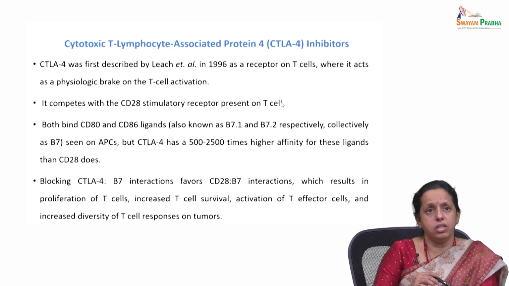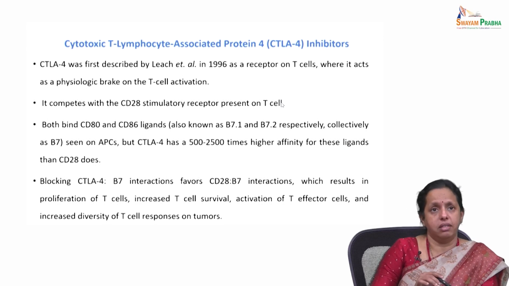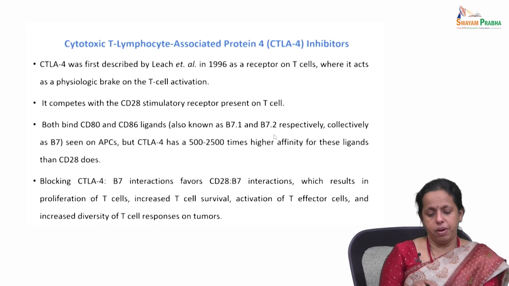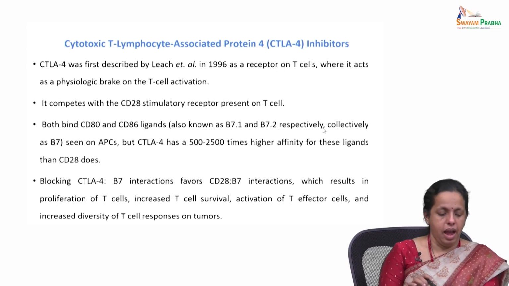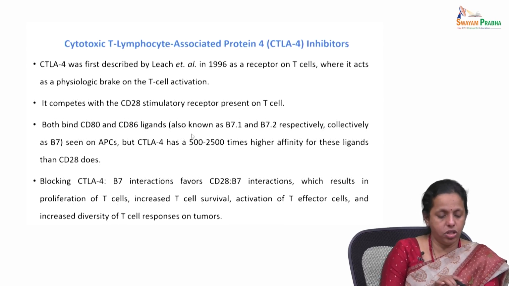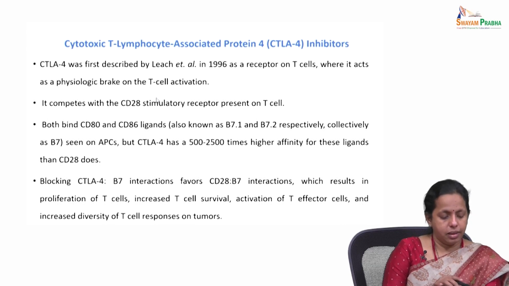Both bind your CD80 and CD86 ligands, also known as B7-1 and B7-2 respectively, which are seen on antigen presenting cells, but CTLA4 has a much higher affinity for these two ligands than CD28 has.